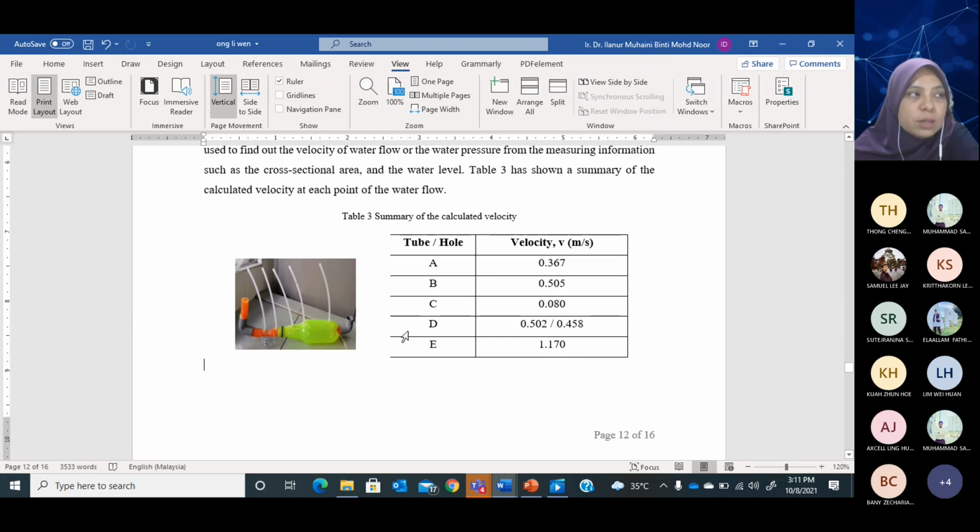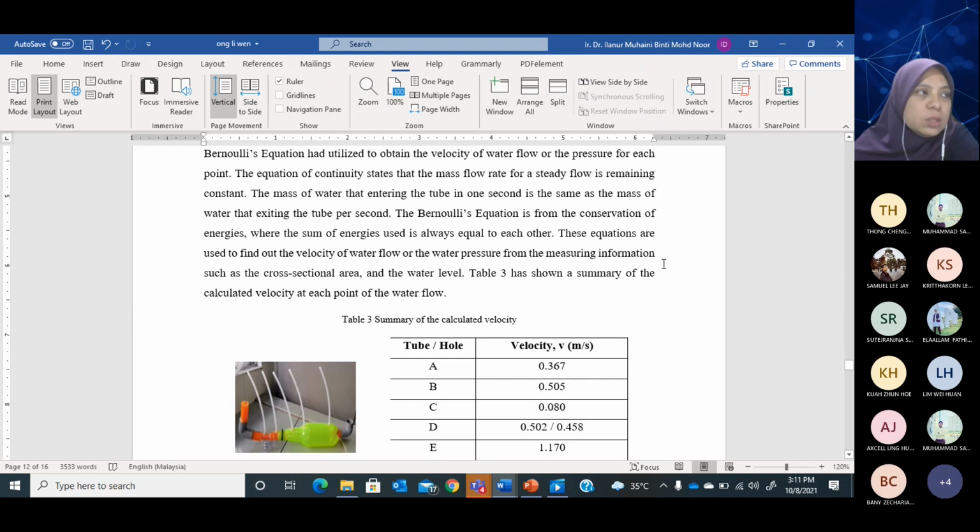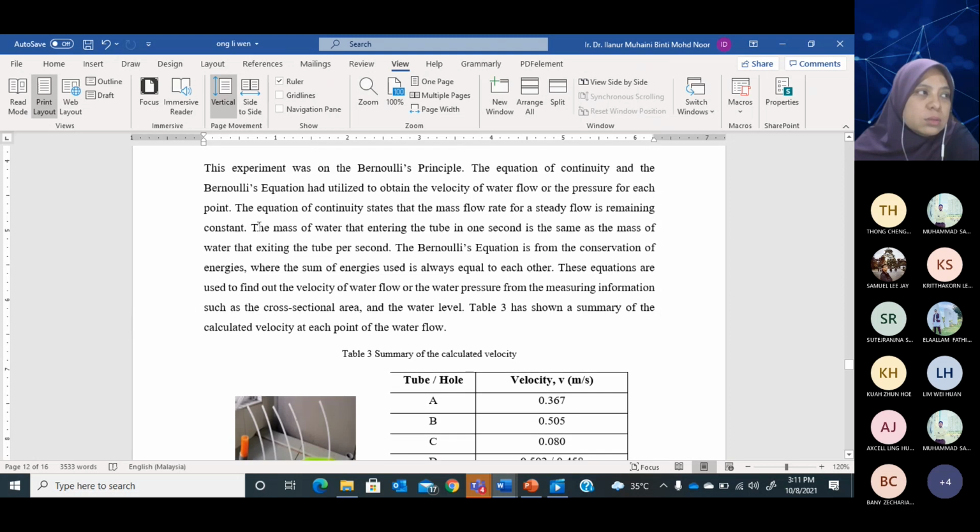Okay, because of what? Table 3 shows a summary only. The mass of water that enters the tube in 1 second is the same as the mass of the water exiting the tube per second.